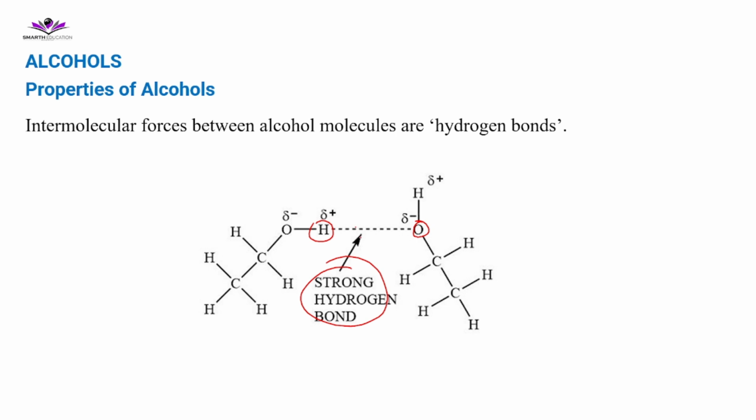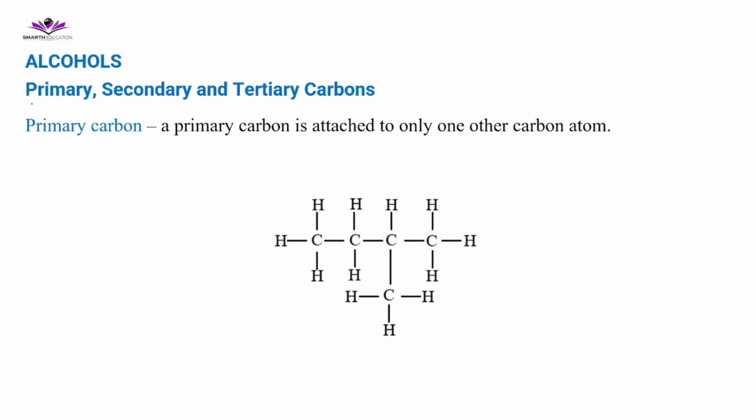So this also influences the physical properties of alcohols. We're going to discuss this later. But I want us to discuss primary, secondary, and tertiary carbons before we look at the different types of alcohols. We have primary alcohols, secondary alcohols, and tertiary alcohols. This will depend on which carbon the hydroxyl group is attached to.